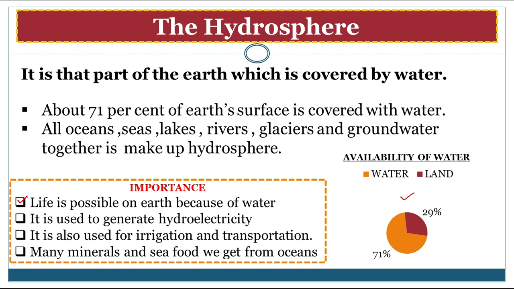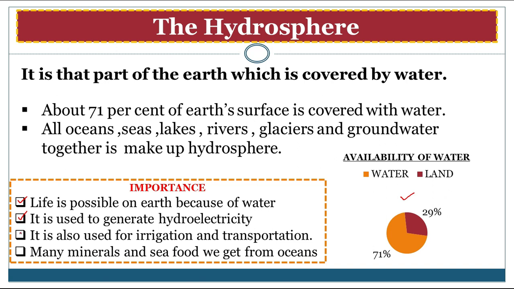So water is very important, and this we get through the hydrosphere. The second benefit of the hydrosphere is that it is used to generate hydroelectricity. We make electricity by building dams on different water bodies.